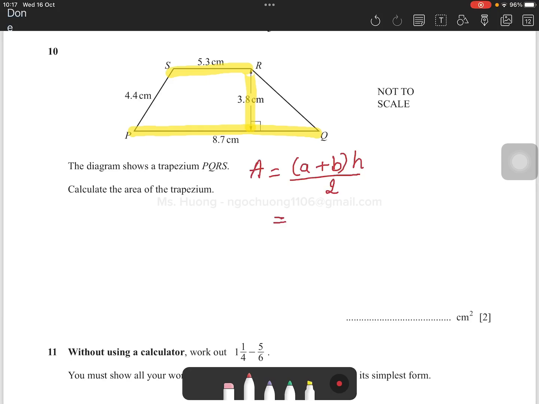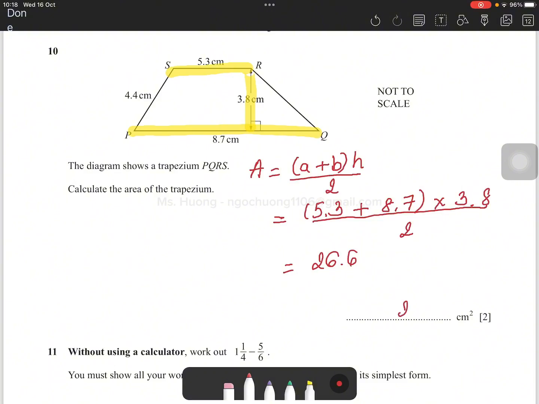In this case, your A is 5.3 and your B is 8.7 multiplied by the height. The height is 3.8. Then we divide everything by 2. And the answer for this is 26.6 square centimeters.